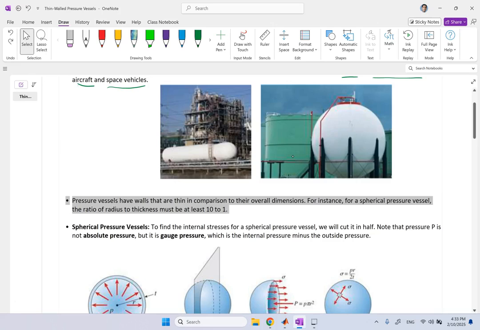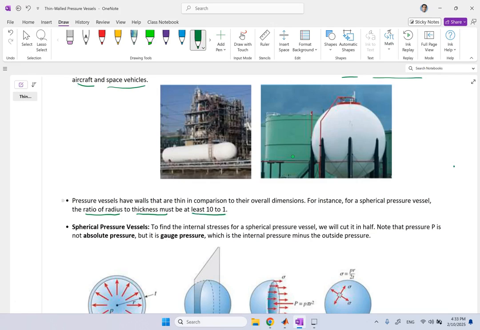What does that mean? Means typically the ratio of the radii to their thickness is at least 10 to 1. So if this guy is, let's say, for instance, 4 meters in radius, then the thickness of this wall should be 0.4 meters or below.